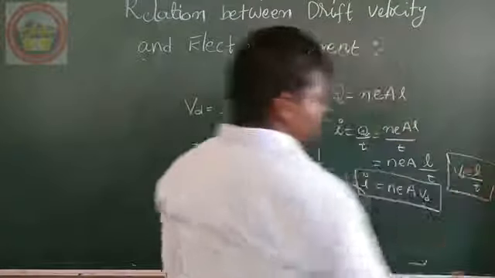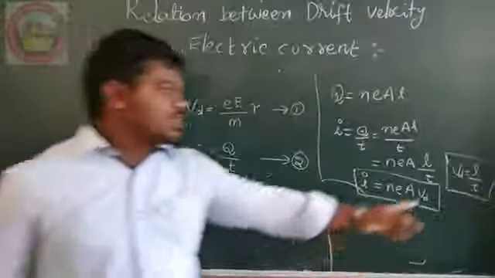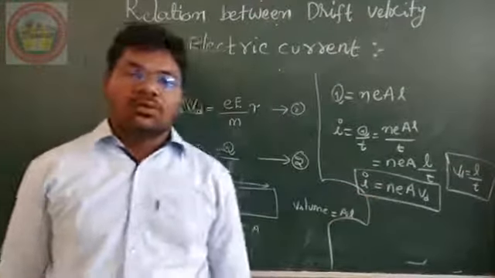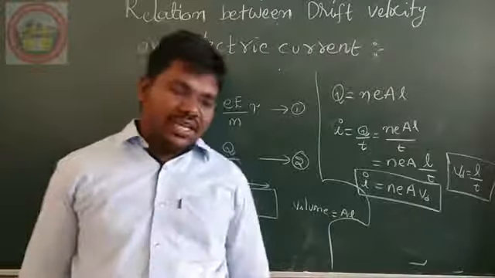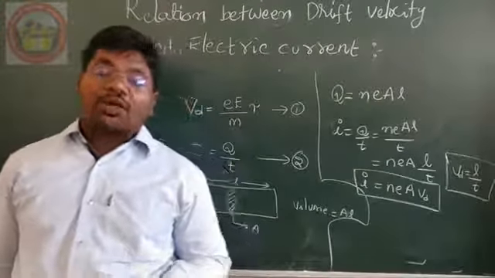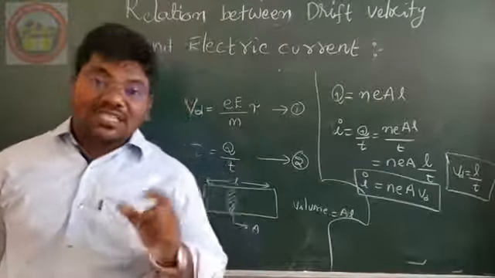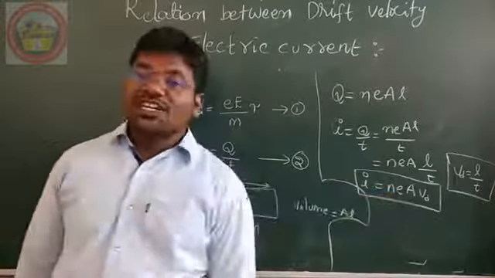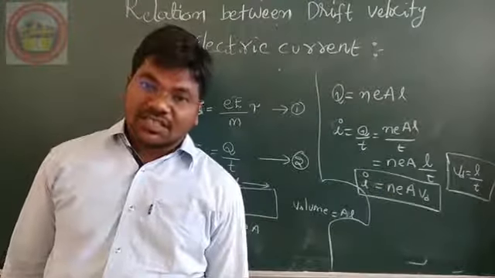Current I is equal to neA Vd. What is n? Number of electrons. What is e? Charge of electron. What is A? Area of cross section. Then what is Vd? Drift velocity.